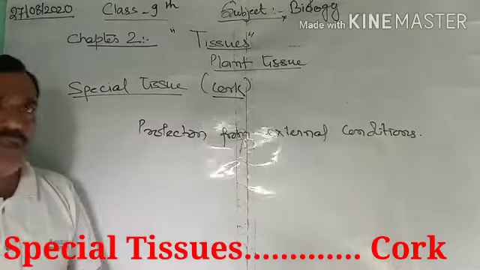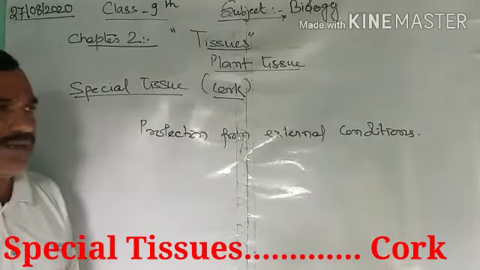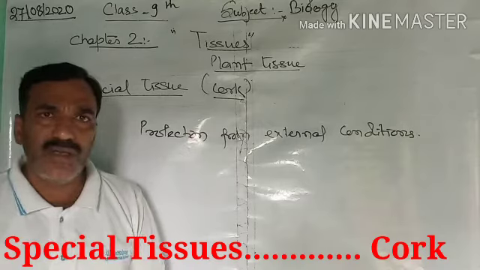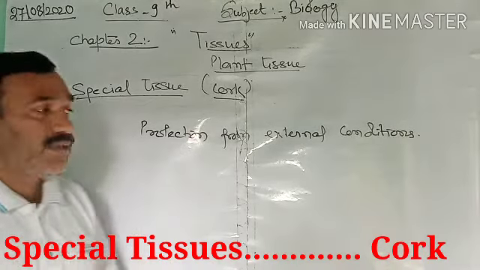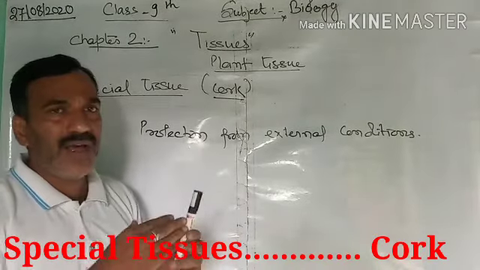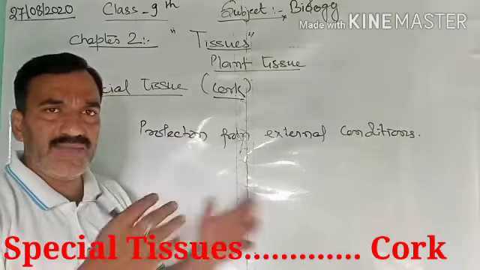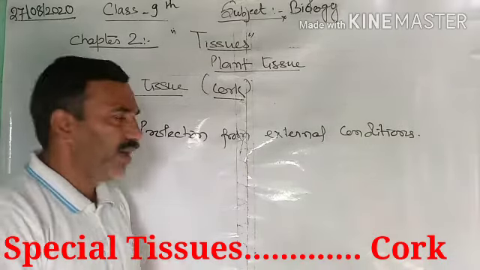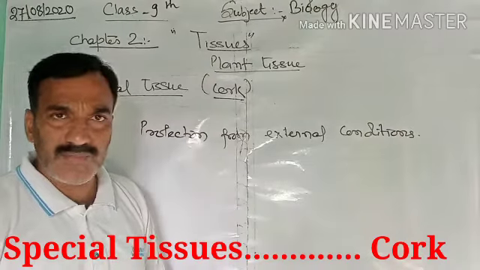Suppose it is very windy, and we are talking about a plant found in an area where wind blows with extreme speed. Suppose there is no protective layer, what would happen? The air will tear the skin of the plant, and it will be damaged, which will lead to the loss of sap from the body, and ultimately the plant may die.